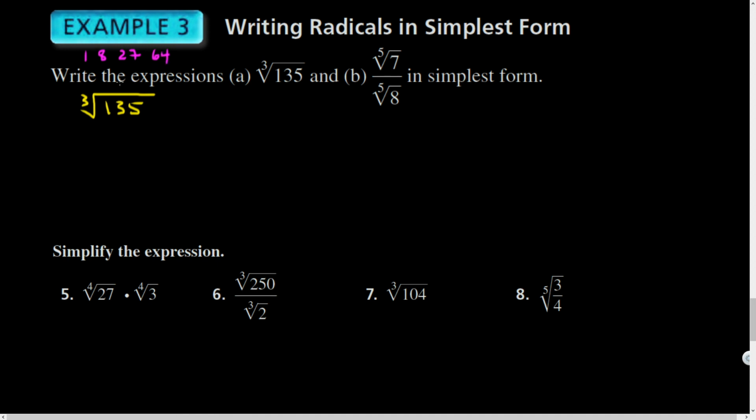I feel like 27 might have a chance. Yeah, it does. Hooray! So I could break this into the cubed root of 27 times the cubed root of 5 when I did 135 divided by 27. Cubed root of 27 is 3, and so 3 cubed roots of 5.